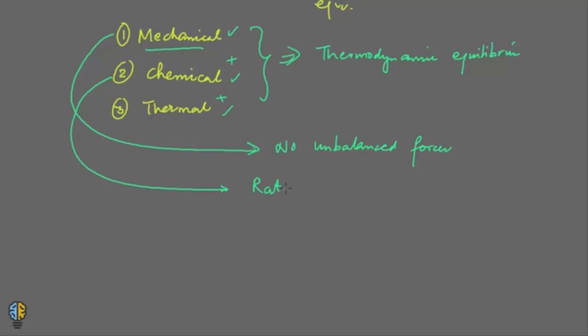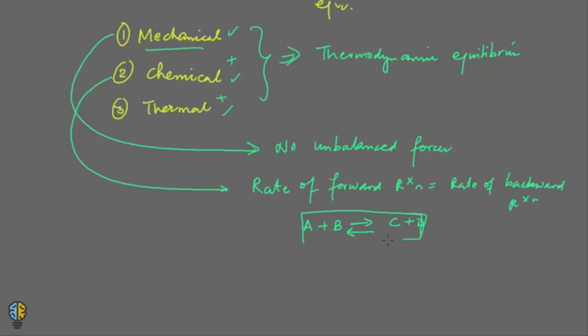Then you get a chemical equilibrium. By this we mean that as soon as the reactants transform into products, at the same time the products decompose back into the reactants. So this is a chemical equilibrium reaction.